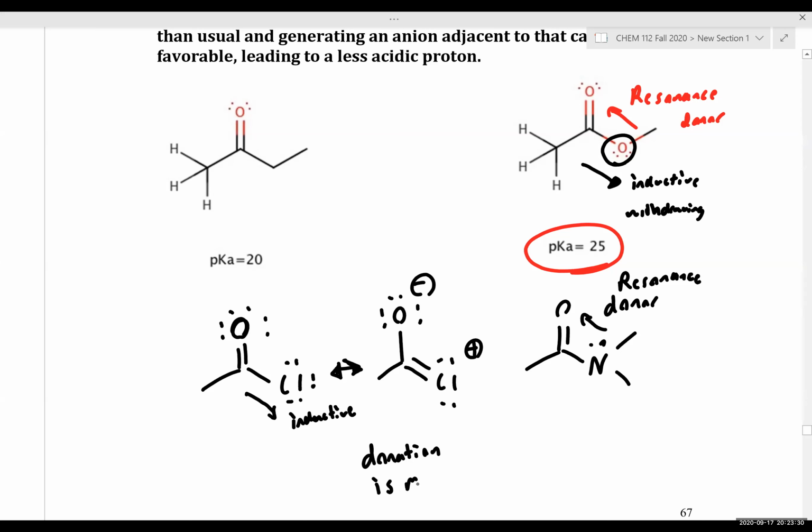The donation is going to be minor because chlorine really doesn't want to give up its electron density. It really doesn't want to have this resonance structure as a major contributor. So chlorine is not very effective at donating its electron density via resonance. It's much more effective as an inductive withdrawing group. And that's because this resonance structure is a minor contributor.